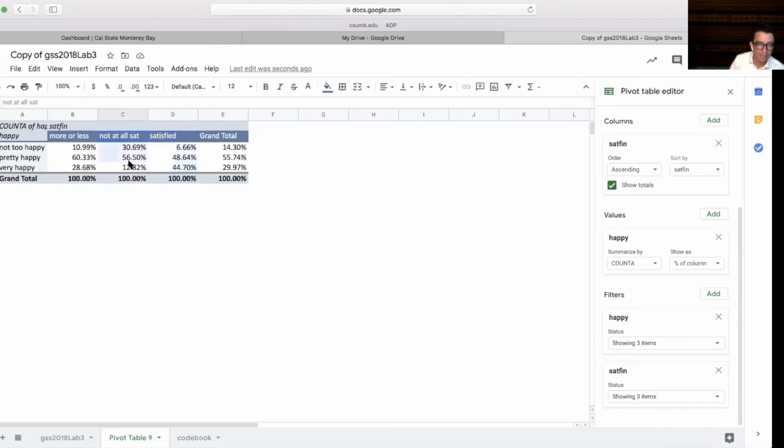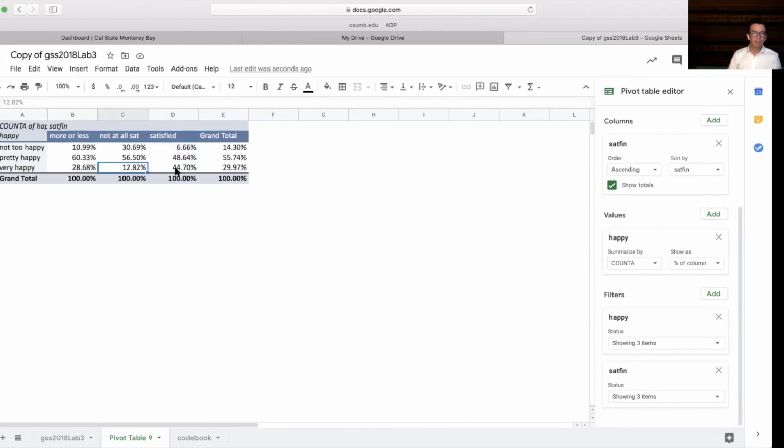For those who are not satisfied with their financial situation, only 13% are very happy. For those who are not at all satisfied with their financial situation, 31% are not too happy. And for those who are satisfied, only 6% are not too happy. This is a big difference, right? It's about 24 percentage points, and it's even bigger here.